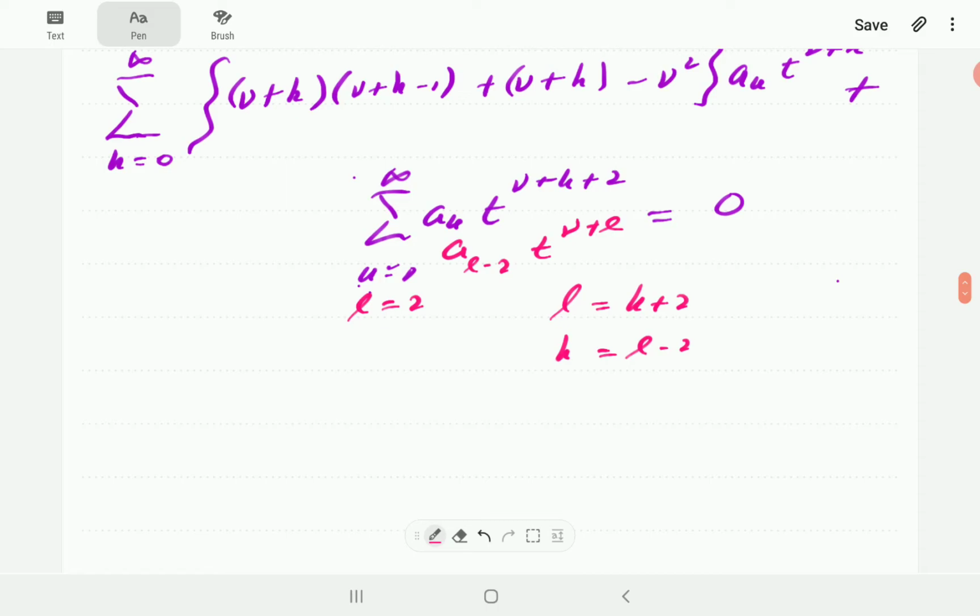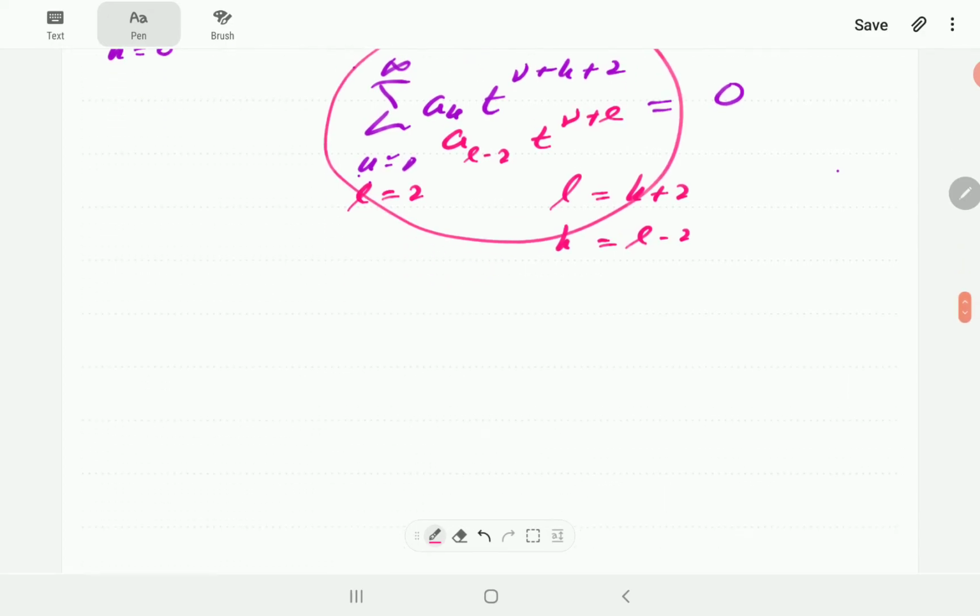I'm just going to rewrite this second term here. Basically this second term is just going to be the summation of a_(k minus 2) t to the power nu plus k, summing from 2 to infinity.